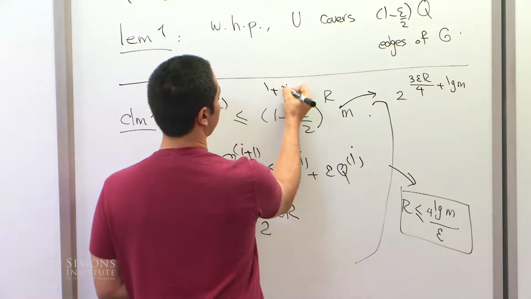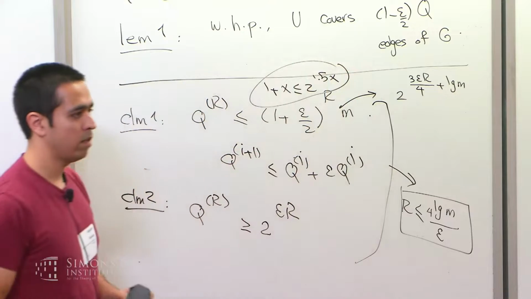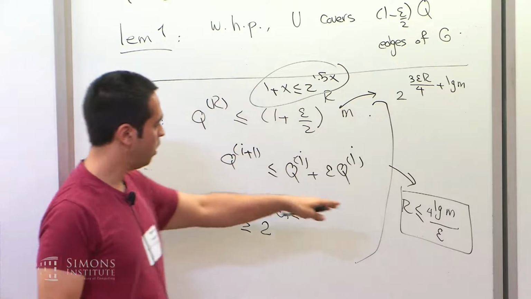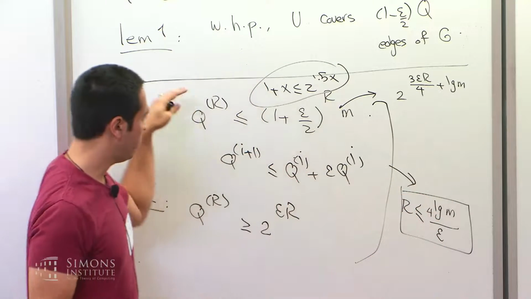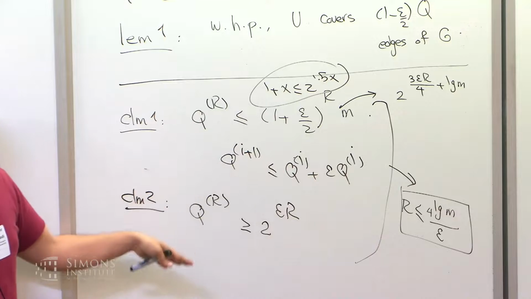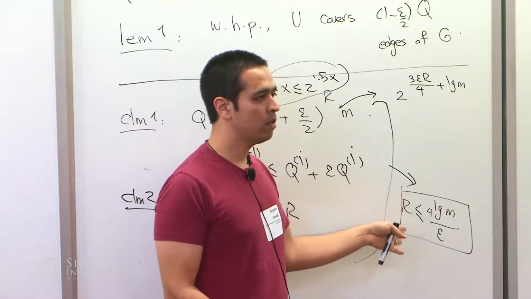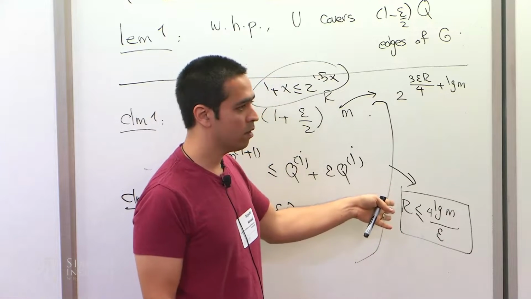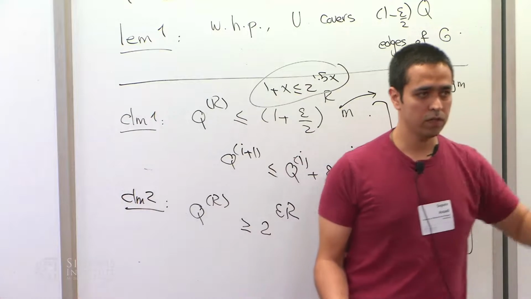I'm using that 1 plus x is less than e to the 1.5x. That's just that. So you can bound that you cannot run this many times. And this part of the analysis is very similar to multiplicative weights. It is multiplicative weights, really. So after these many rounds, you're done, basically. One of your matchings should have been large enough. You can just return that.